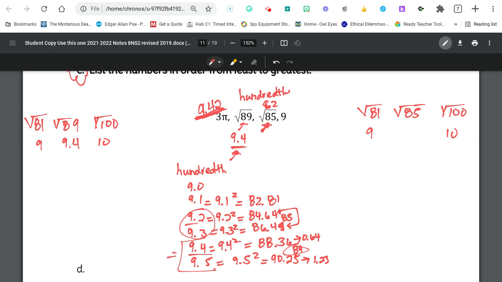The square root of 89 lies between 9.40 and 9.50. This one I've got to round to the nearest hundredth, because it's so close to 9.42, guys.